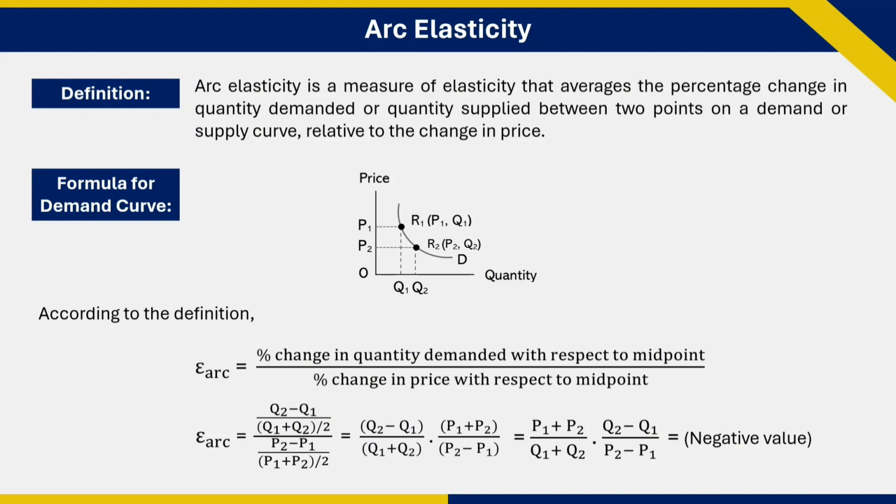After arranging the formula, we finally get the equation (P1 plus P2) divided by (Q1 plus Q2) into (Q2 minus Q1) divided by (P2 minus P1), where P1 Q1 represents the original price and P2 Q2 represents the new price. And we will always get a negative value of the result because of the inverse relationship between price and quantity.